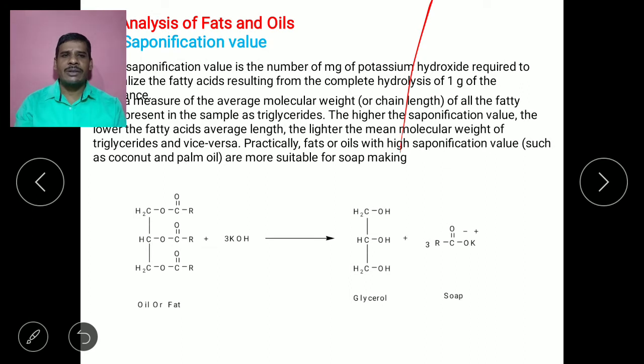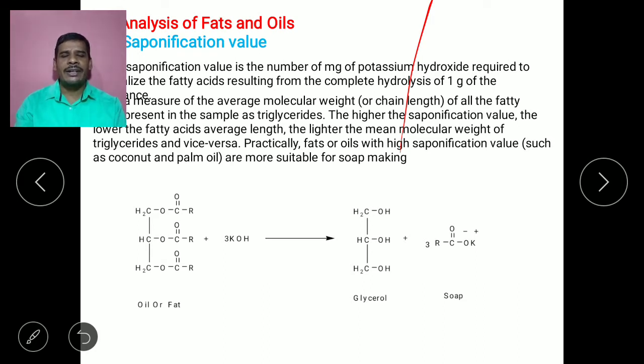The larger the saponification value, the smaller the molecular weight of that oil or fat. And the smaller the saponification value, the larger the molecular weight. In this way, the saponification value is inversely proportional to the molecular weight.